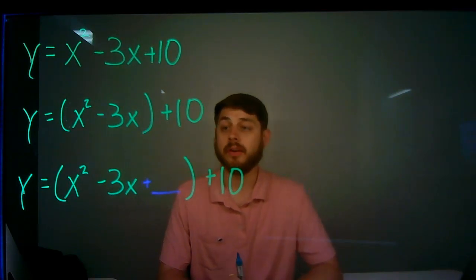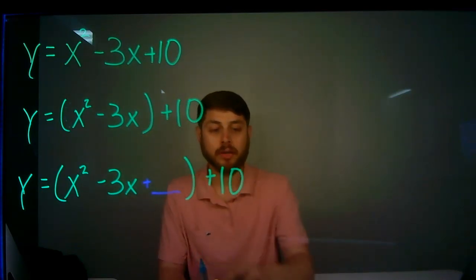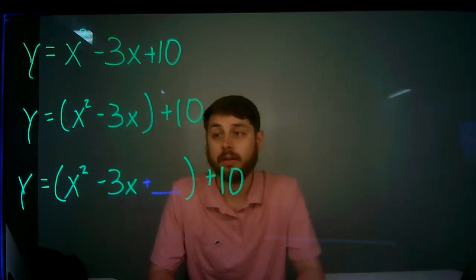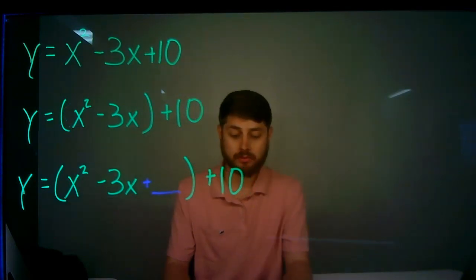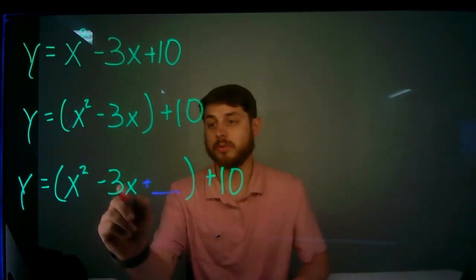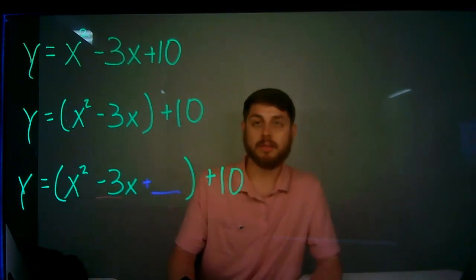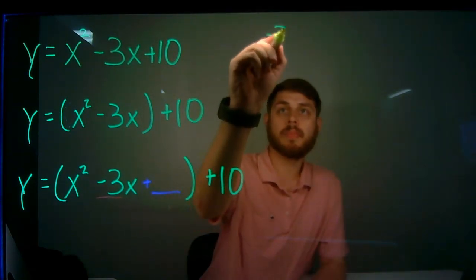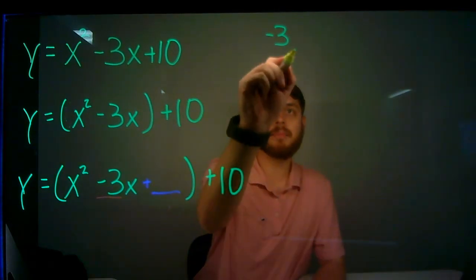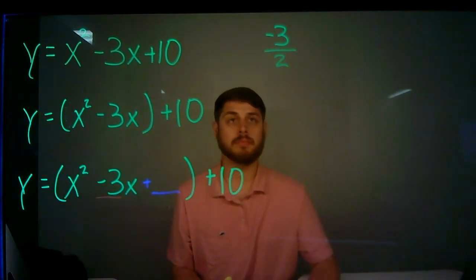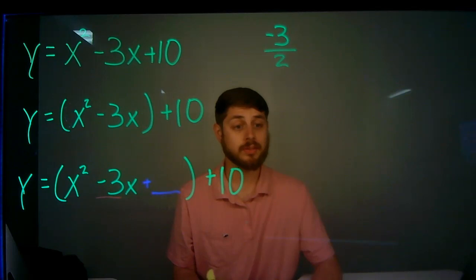Then we're going to figure out what this magic number is. We take the b value, or the linear coefficient, which is negative 3, and divide it by 2. In this case, we get negative 3/2.